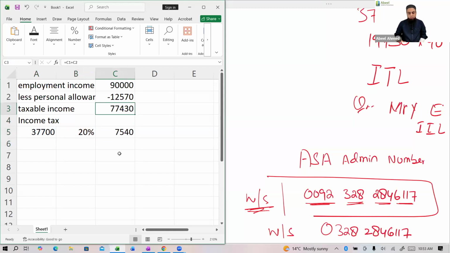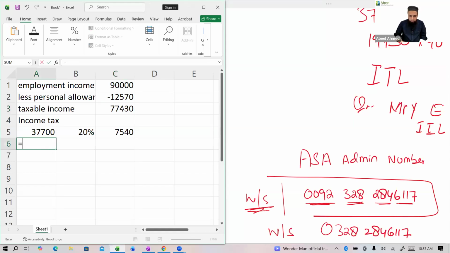Total taxable income, students, is 77,430. Out of this 77,430, we have applied the tax rate on 37,700. So whatever amount out of 77,430 is left, that actually falls in the higher rate band. And income which falls in the higher rate band in case of non-saving income, the applicable income tax rate is 40%.